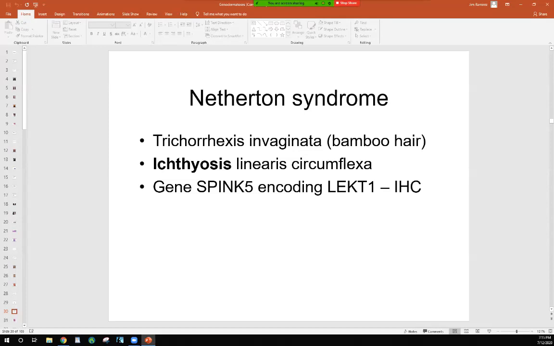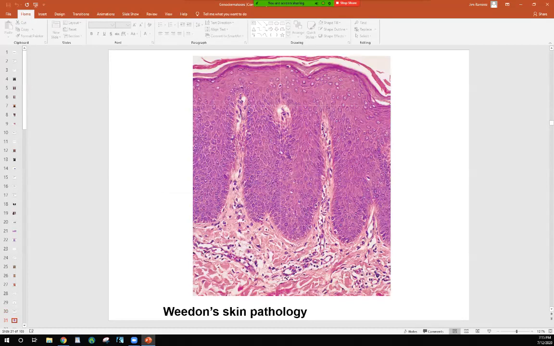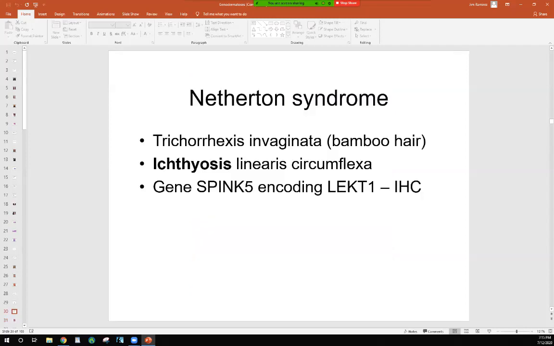In the textbooks, in the Weedon's skin pathology textbook, they talk about this being now almost like the gold standard of diagnosis. We can actually do immunohistochemistry for this LEKTI gene product. But as far as what you see under the microscope without the immunohistochemistry, it's pretty much just a psoriasiform pattern for this ichthyosis linearis circumflexa.